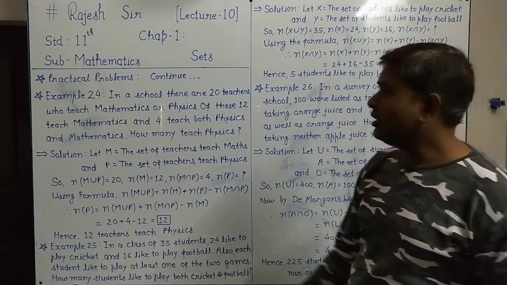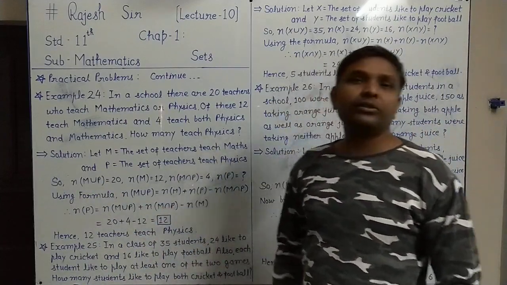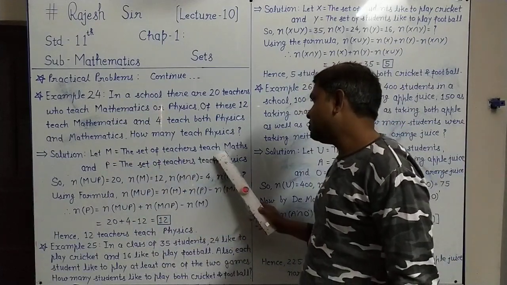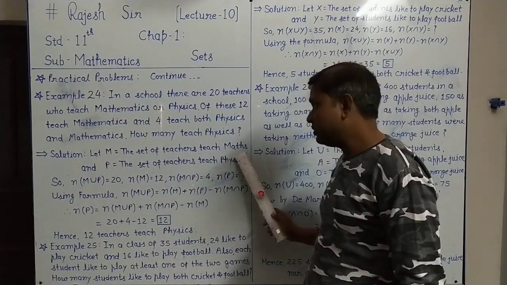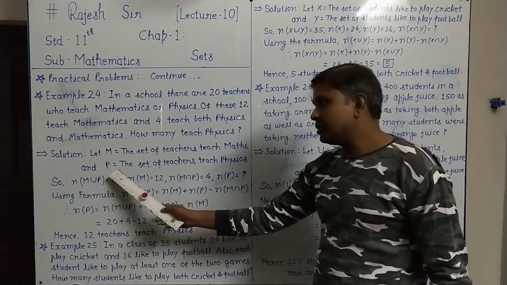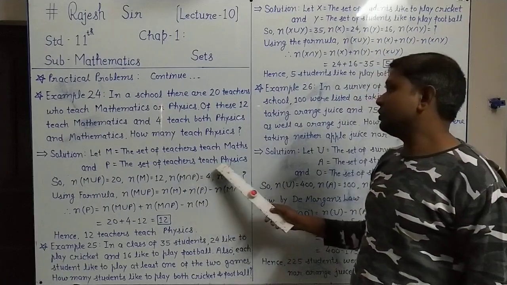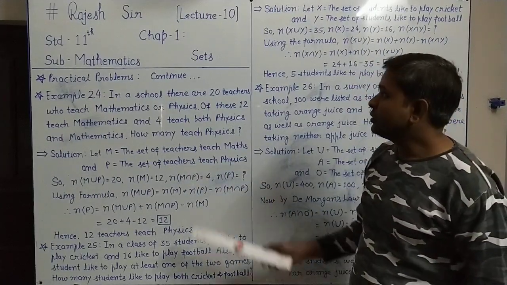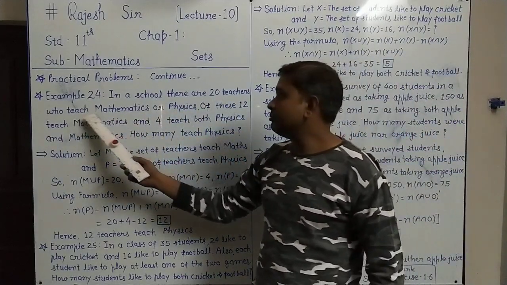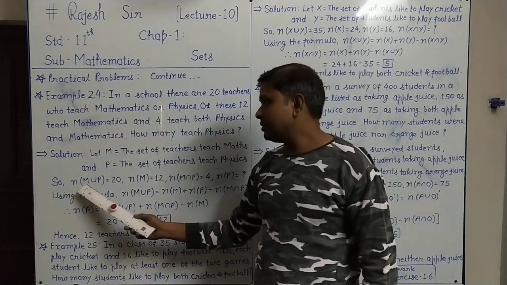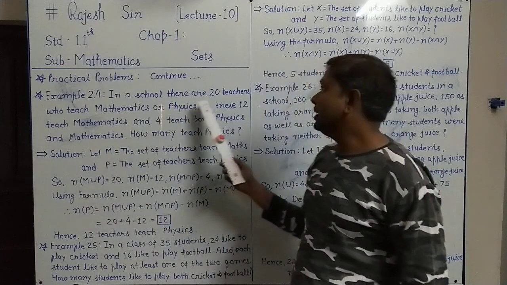It's so simple. In the solution, we give the notations first. Let M denote the set of teachers who teach mathematics, and P denote the set of teachers who teach physics. As this 20 shows mathematics or physics, in notation it is n(M union P), and their number is 20.